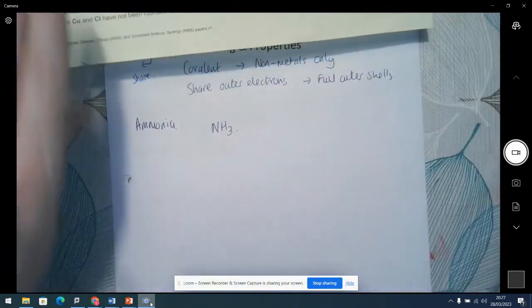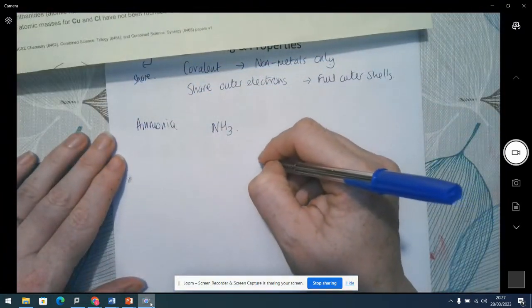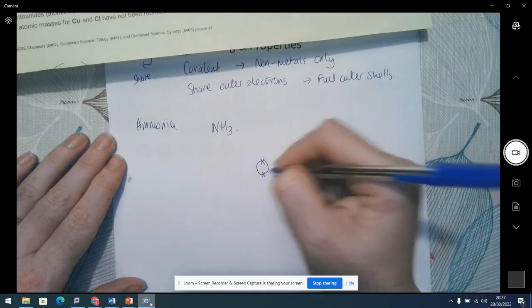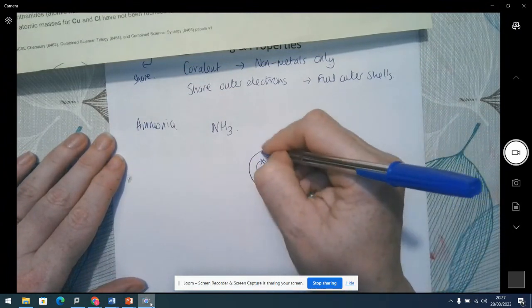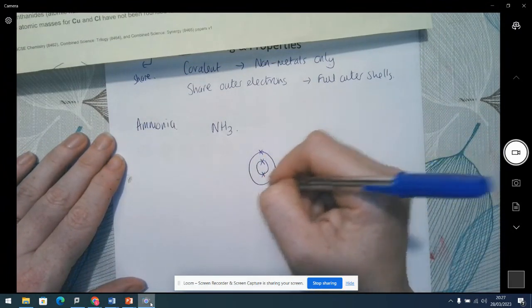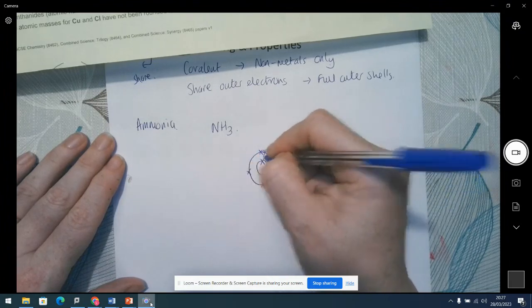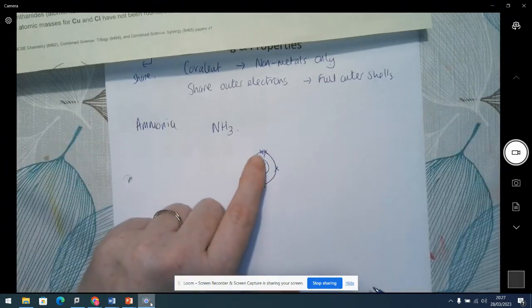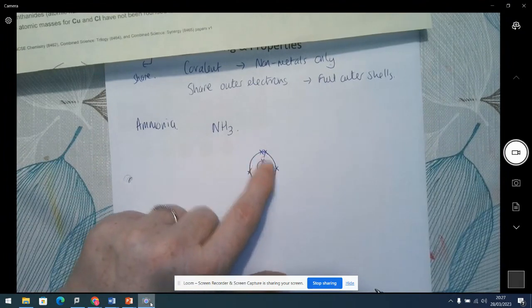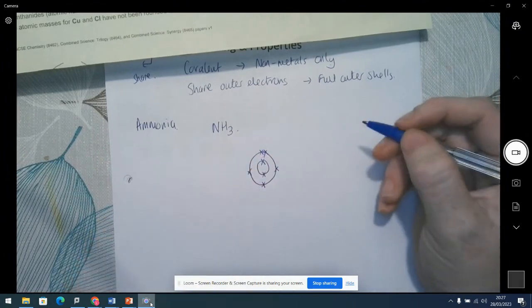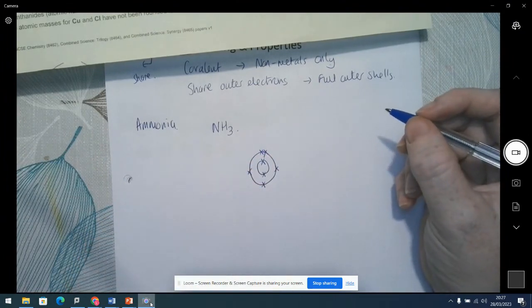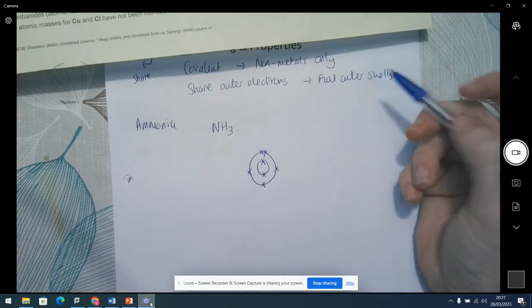I can see nitrogen's got 7 electrons. So I'm going to do nitrogen, 2 in the first shell, and then I've got 1, 2, so that's 4, 5, 6, 7. What I'm hoping you're noticing is I draw my electrons like a clock, and that's going to help me figure out where they're going to share electrons.